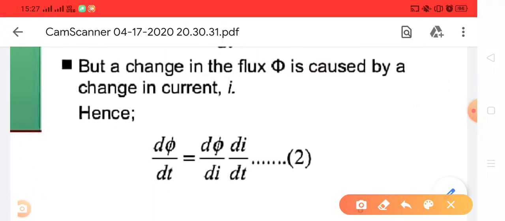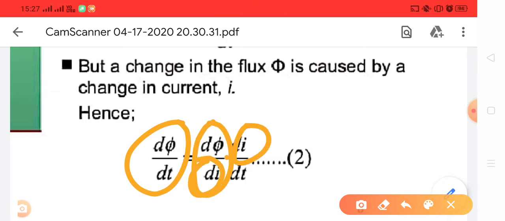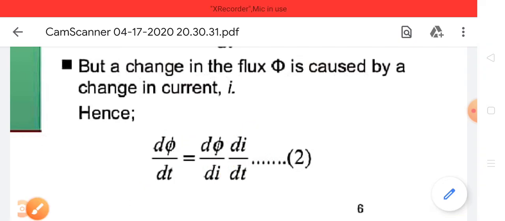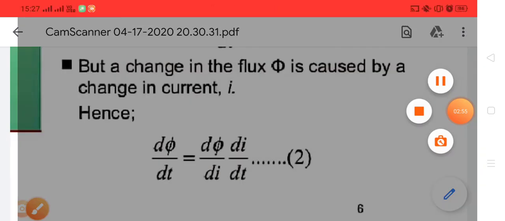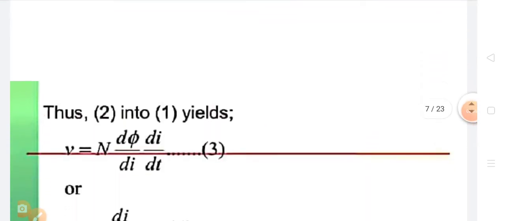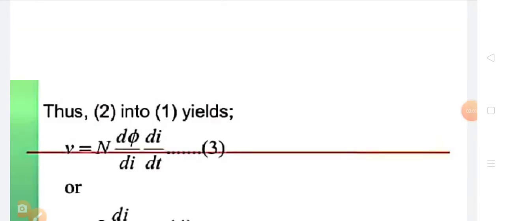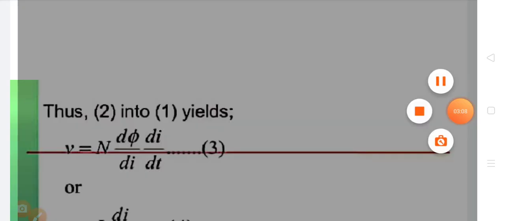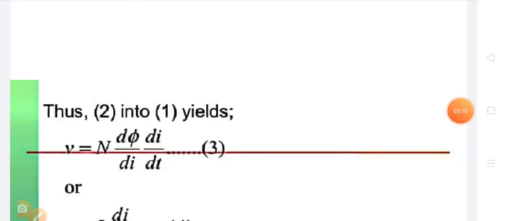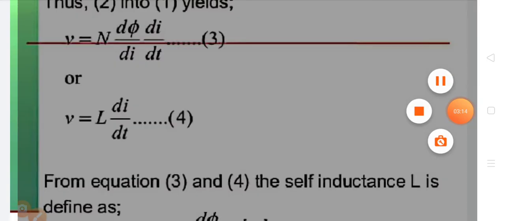So I can write dφ/dt as dφ/di into di/dt. This is the second equation. By comparing these two equations, you get V = N dφ/di into di/dt. Then you can also write V = L di/dt.